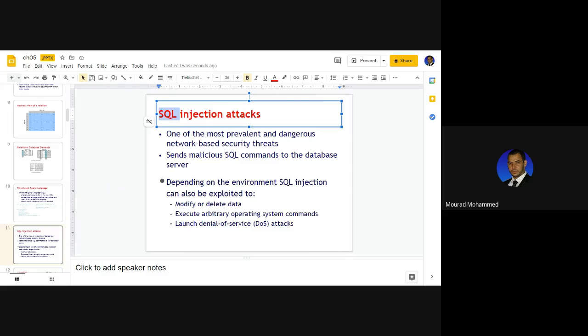Attacking a database with what it understands is very dangerous. Why? Because the database will respond. If you speak to me in my language, I will understand you. This is what the SQL injection does. It speaks to the database with its language, which is the SQL, so the database will understand.